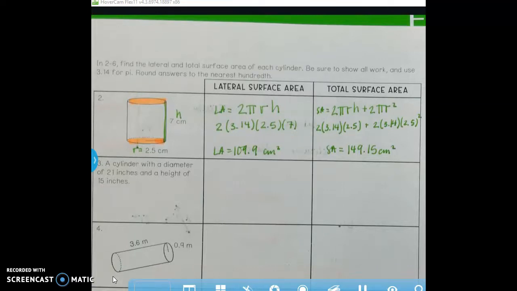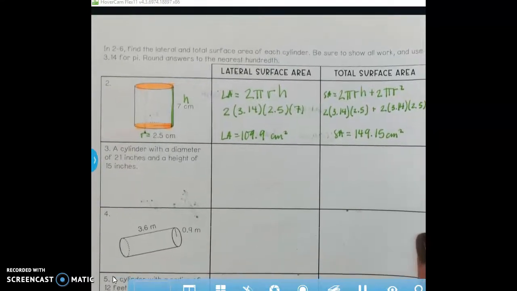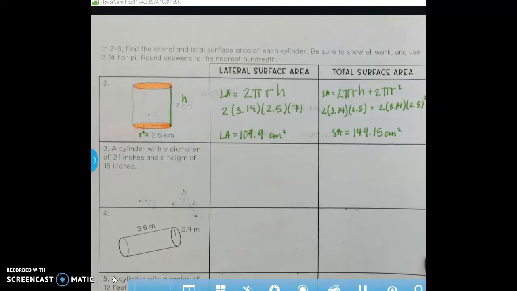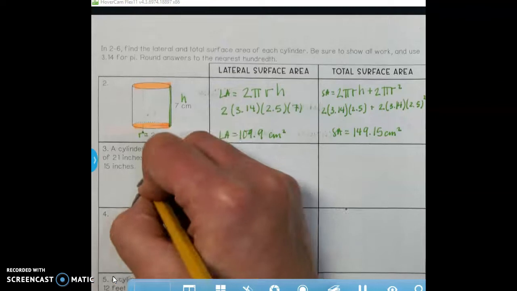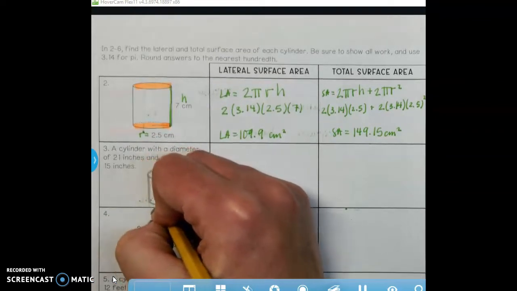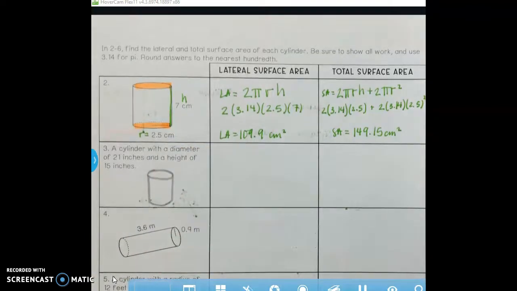So next, let's take a look at question number 3. This is a little bit of an exposure to word problems. We do not have an illustration. That's what I like about this particular question, that you are not given a picture. So let's make sure that you create one. It doesn't have to be pretty, but I want to make sure that you're understanding what information you're working with and what information you might need to determine.